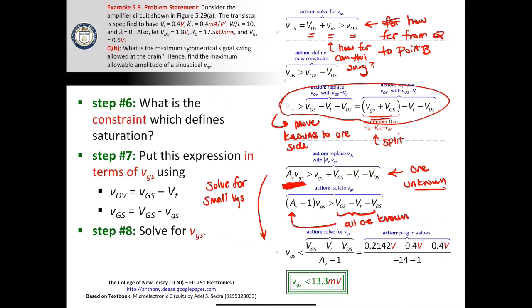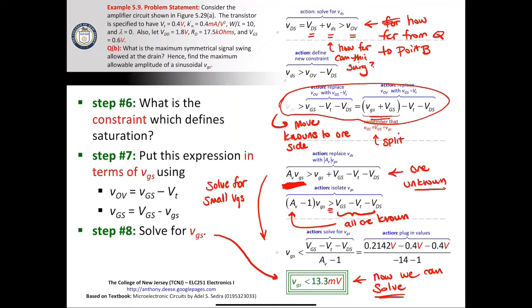Take that, divide, and so we see that the swing of little vgs has got to be less than the large signal component of VGS minus the threshold voltage minus the large signal component of VDS, divided by the gain minus 1. Here, be careful. Why does the sign switch?